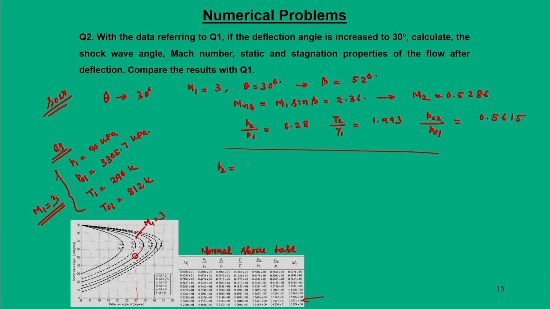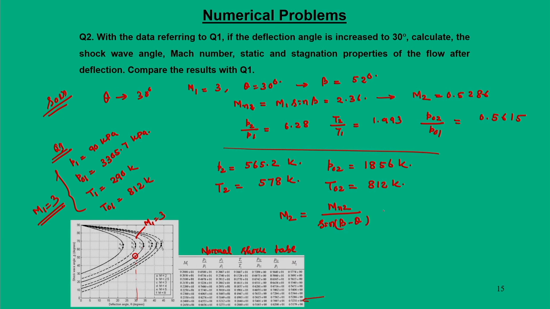P2 is equal to 565.2 kilopascal, T2 would be 578 Kelvin, P02 would be 1856 kilopascal, and T02 remains the same, and M2 would be Mn2 by sin(beta minus theta).